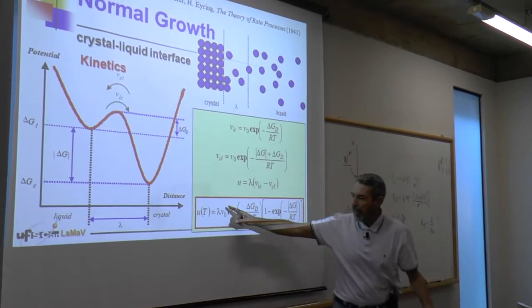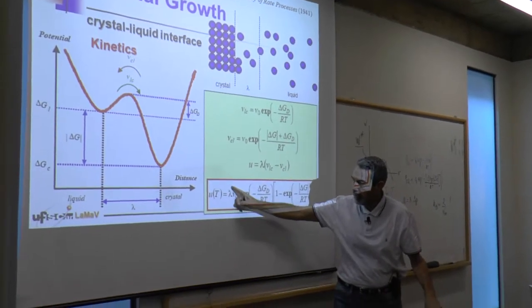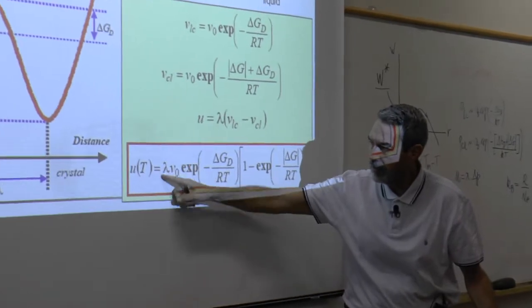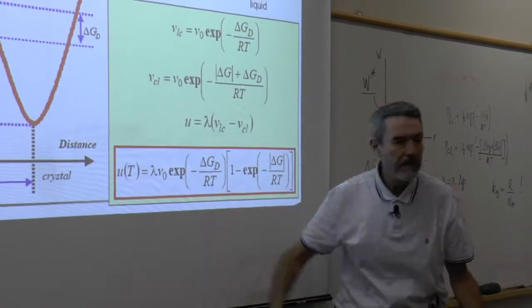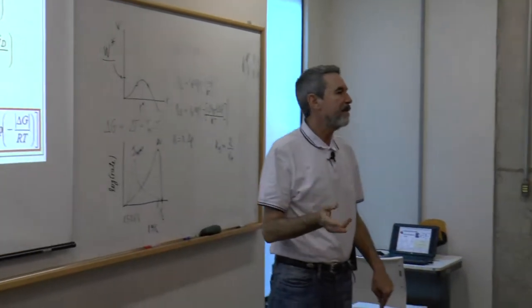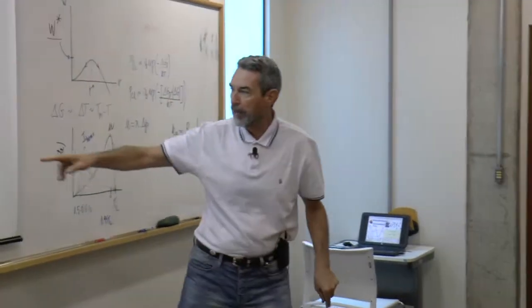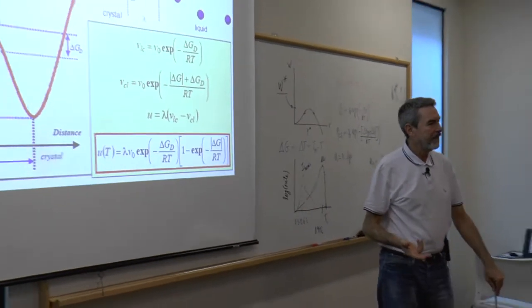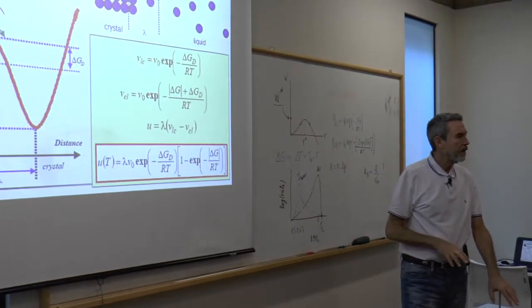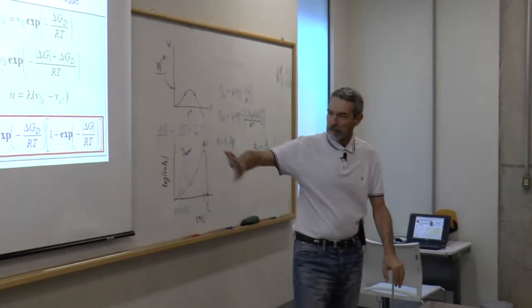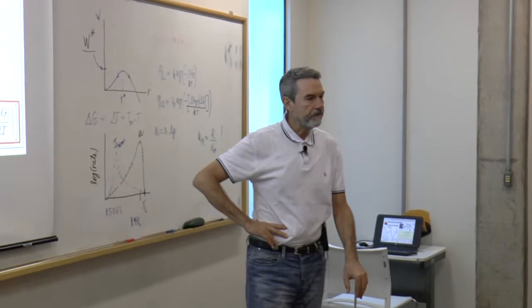So the F, the fraction of sites, is about 1.5, 0.8, negligible compared to these two exponential dependencies here. That's the beauty of this continuous or normal growth model. This is the final equation.